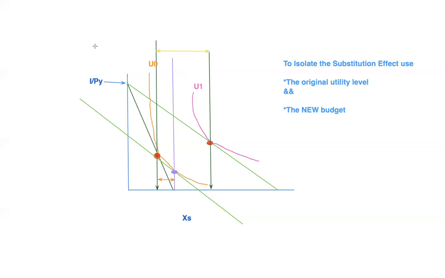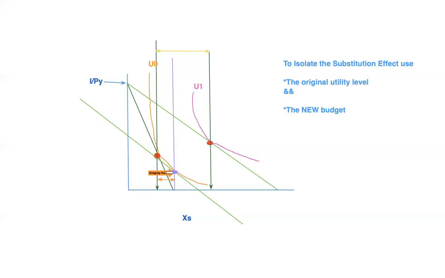Depending upon your diagram, this could be flipped if it's a price decrease instead of a price increase. But what you'll notice is that you're going to have one indifference curve that has 2 points on it.